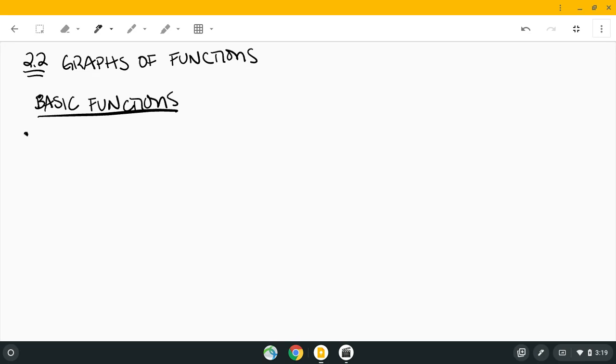So we have the linear function. And that has this form, f of x equals mx plus b. Okay, and this here has the graph of a line.